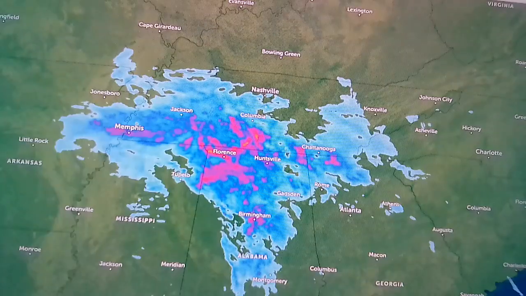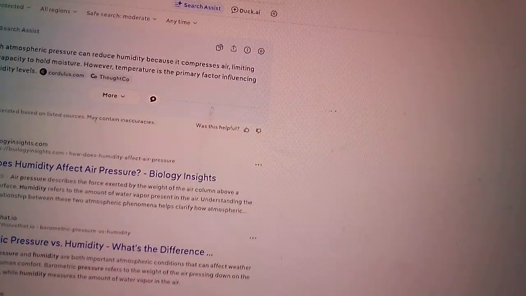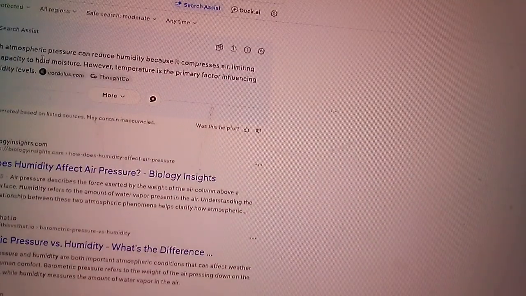And I was wondering, so we've had this high pressure, and now suddenly it's low pressure, but it's still low humidity. So I was wondering if possibly, it's just a theory of mine, if they've been installing, because they've been spraying a lot.